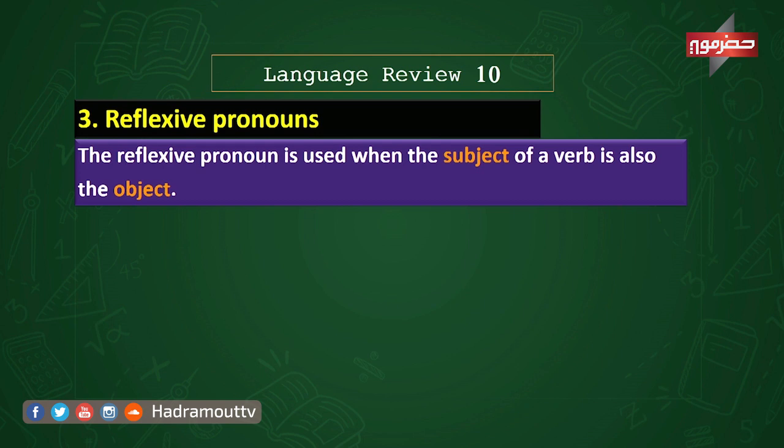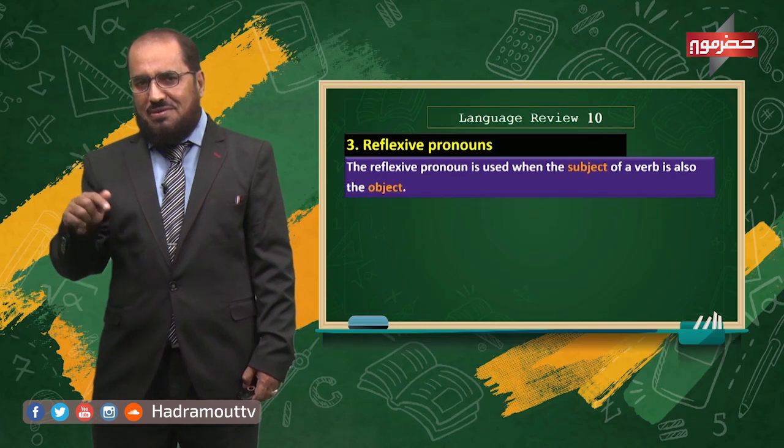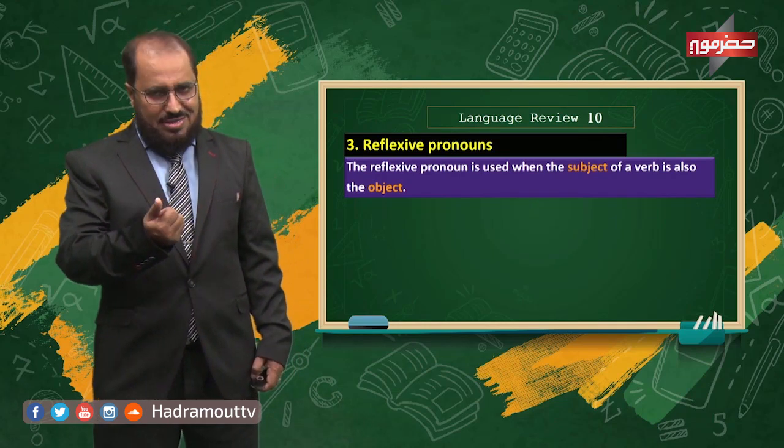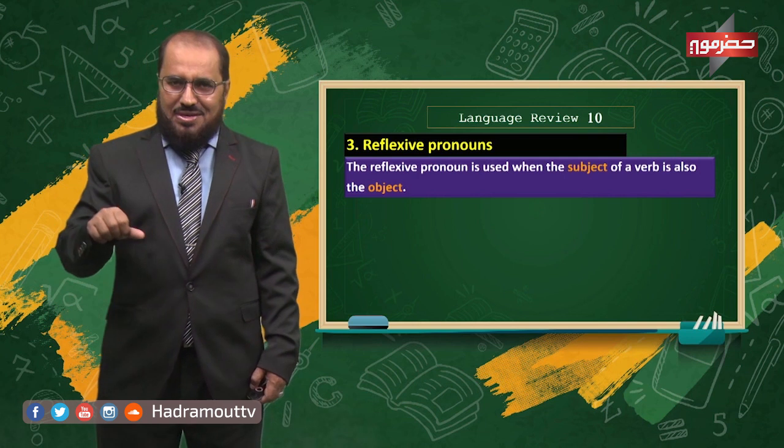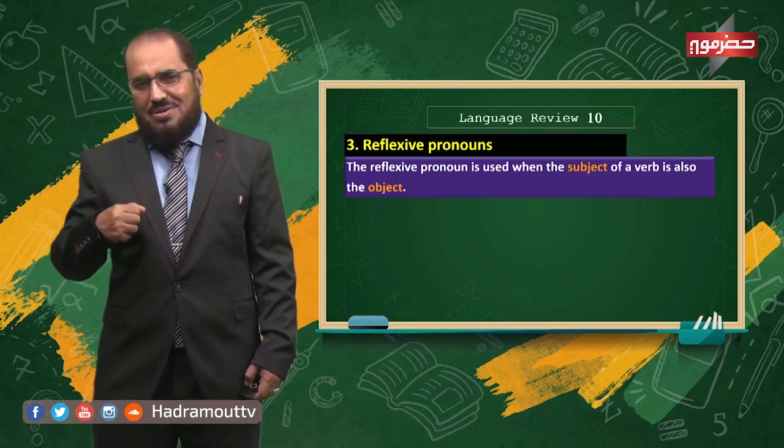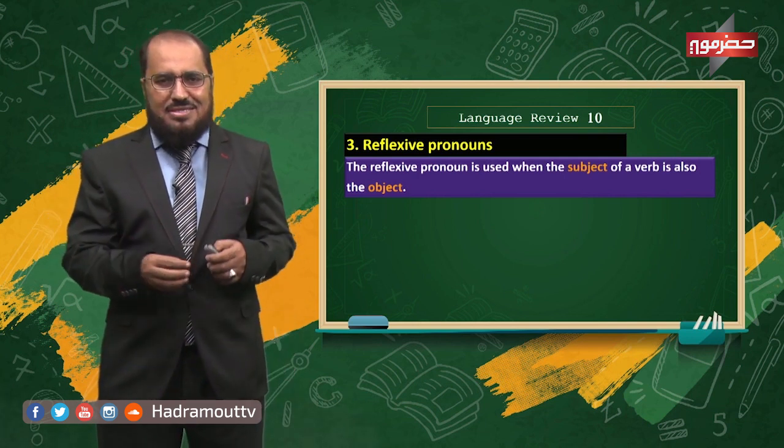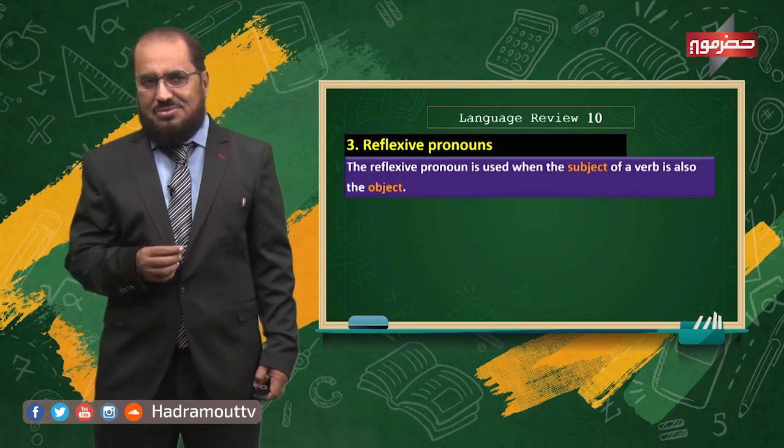Okay, the reflexive pronoun is used when the subject of the verb is also the object. Imagine this: when the doer is the same as the one receiving the action. Here we need reflexive pronouns.